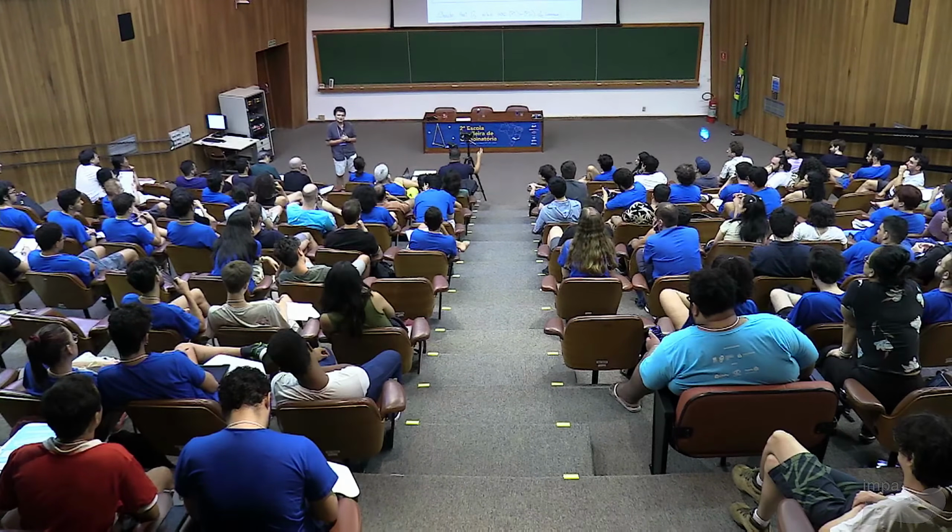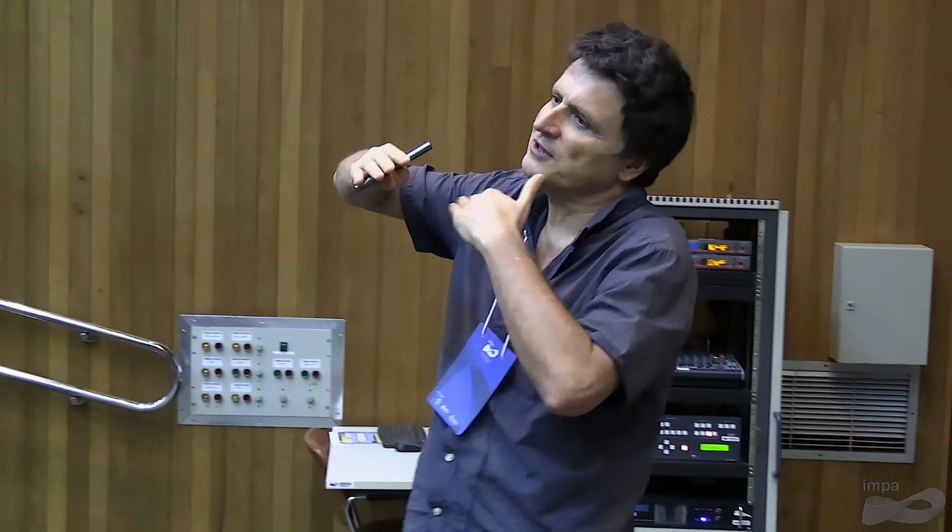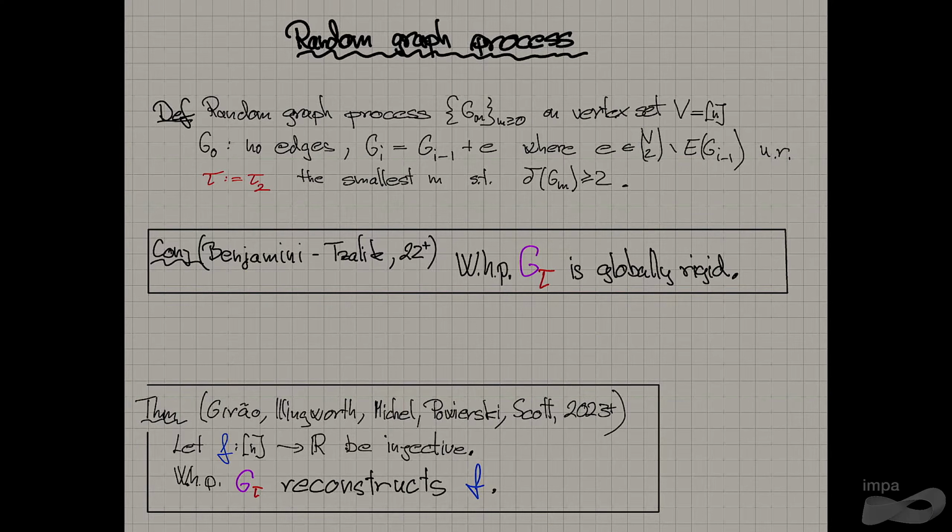Yes. And the first half, so I mentioned the two things, right? In the paper of the Oxford group, they improved the Benjamini-Tzalik theorem in the sense that instead of G(n, c log n over n), you had G_tau.